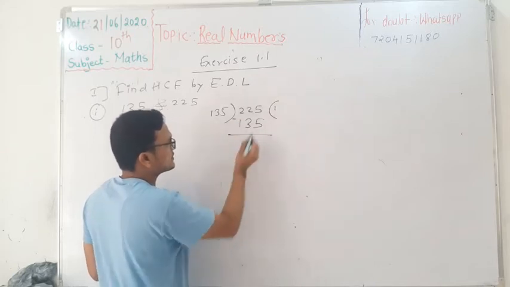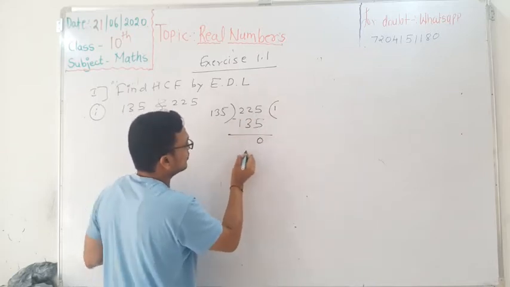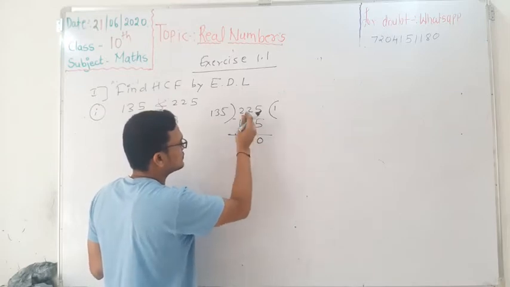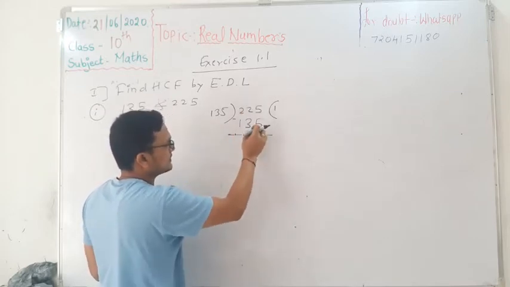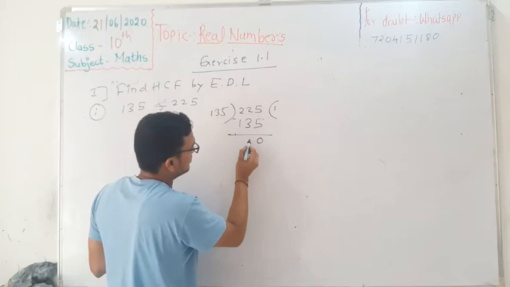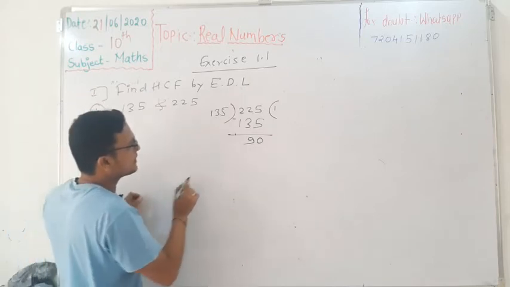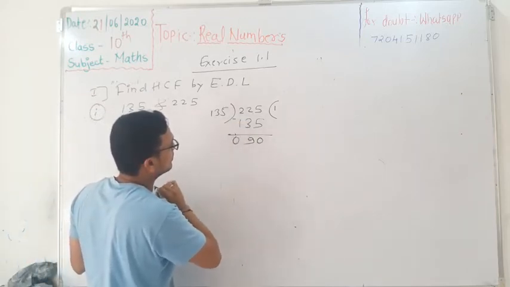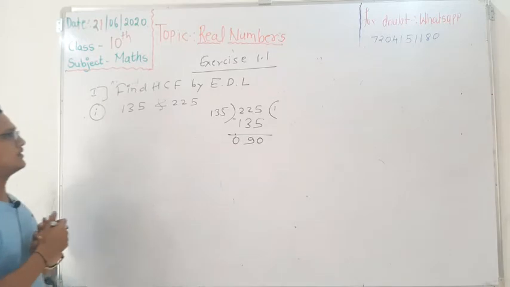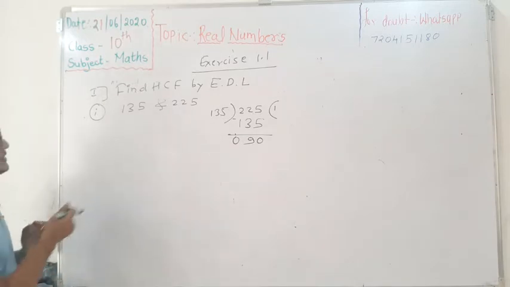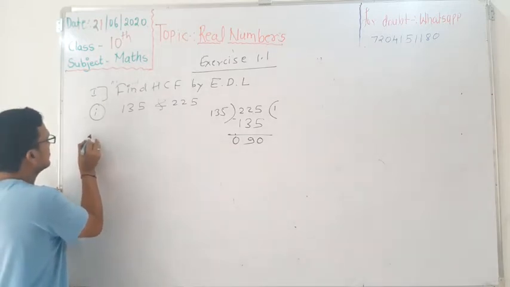To do the subtraction, 5 minus 5 is 0, then 12 minus 3 will be 9, and the next is 0. So here the remainder is 90.